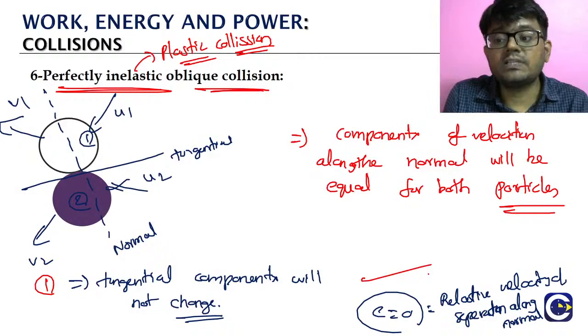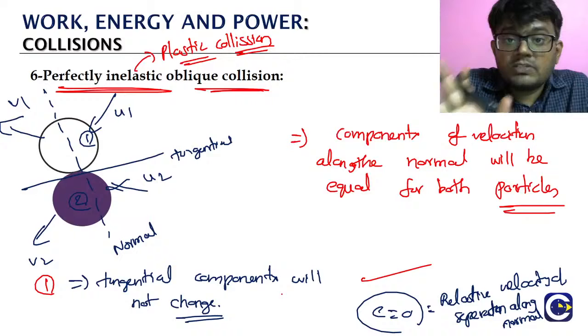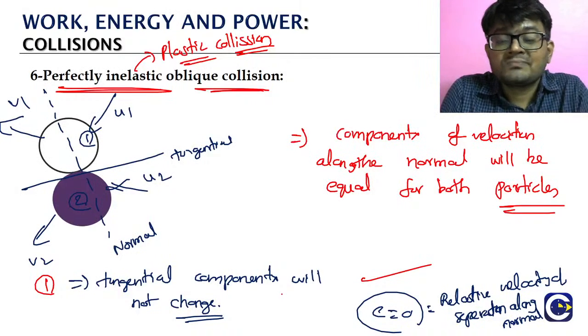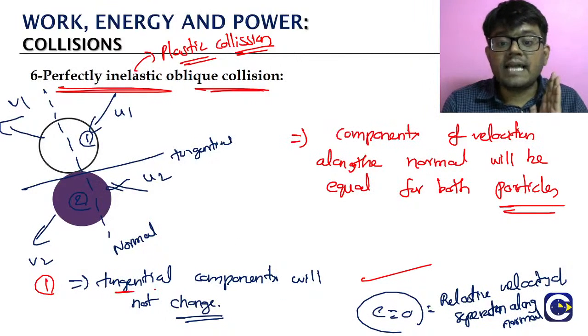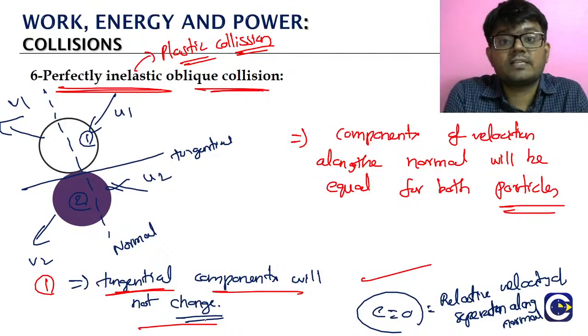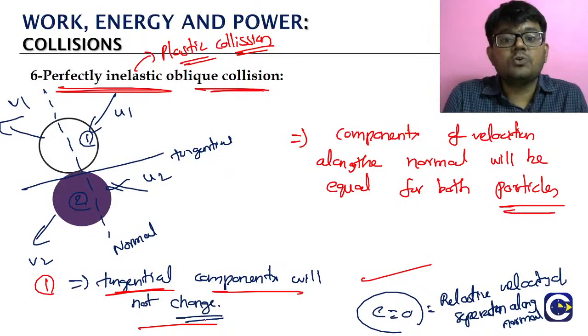Because the coefficient of restitution is 0. That does not mean the total velocities of the two objects are equal. The components of velocities along the normal direction will be equal, but along the tangential direction they may have different velocities. So after collision they need not stick and move together. When will they stick and move?